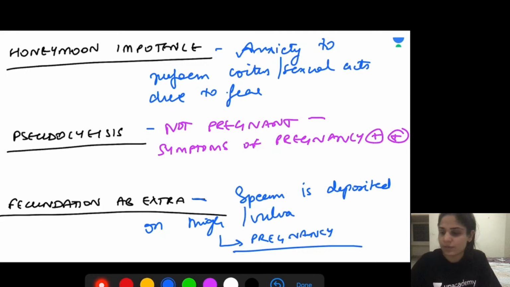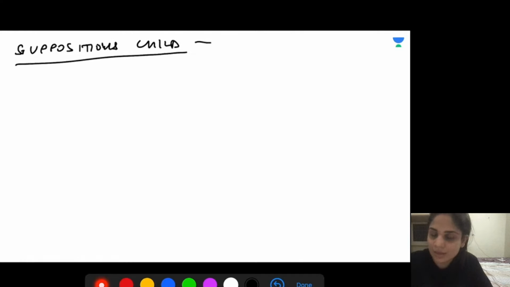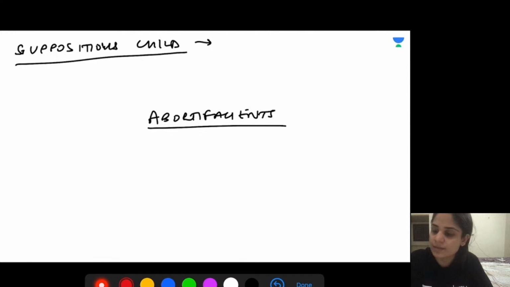Next few terms for you guys. What is a supposititious child? That is the first term. And then I want to know from you guys some common abortifacients, because this they ask in the exam. There are older, newer abortifacients that are commonly asked in the exam, so you should definitely know all of them.